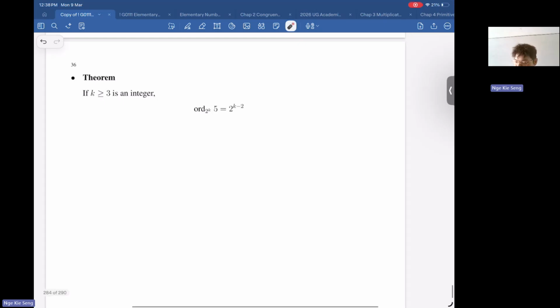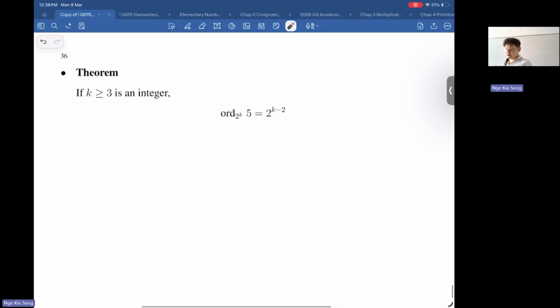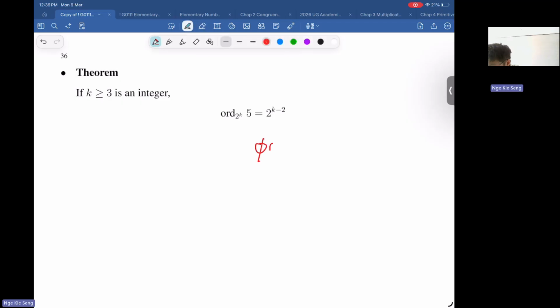But very interesting, you can show that the order of 5 mod 2^k is 2^(k-2). So 2^(k-2), how does it compare to φ(2^k)? φ(2^k) is 2^k minus 2^(k-1), which is 2^(k-1). Is that right?